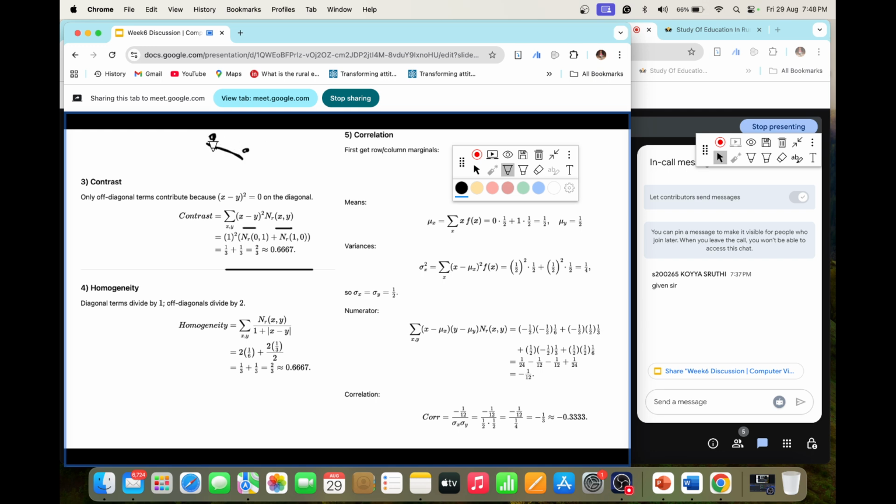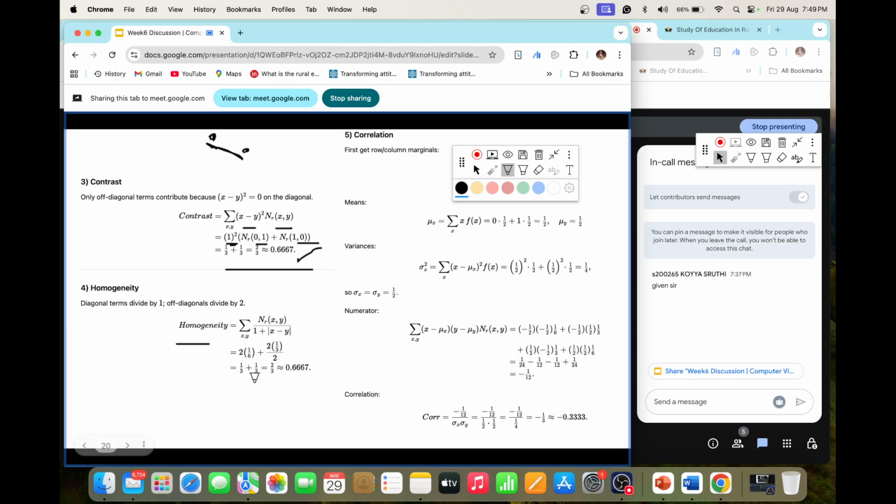So for these two the contrast is 0, but the other two will get some contrast, as the diagonal does not mean anything to us. So we take n(0,1) and n(1,0). That is how you can calculate the contrast. Similarly, homogeneity can also be calculated by n(x,y) divided by 1 plus the difference of x minus y.